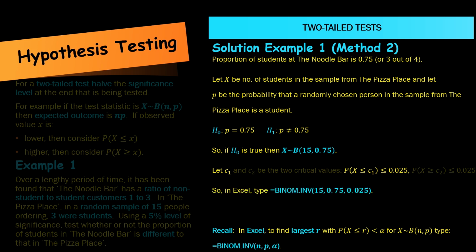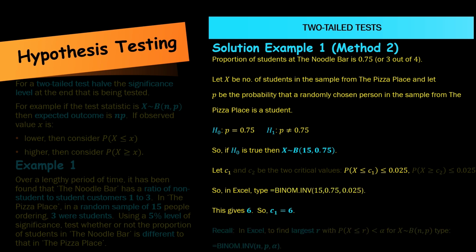So in our example, we type equals binom.inv open bracket n equals 15, p equals 0.75, and alpha equals 0.025. And this gives us the value 6. So C1 is equal to 6.